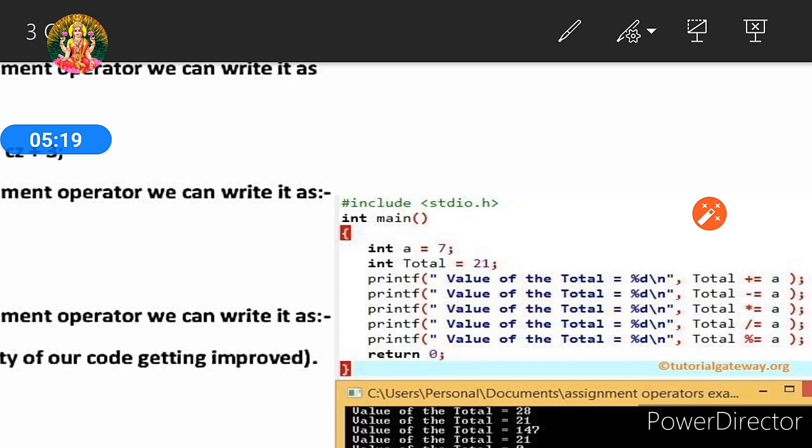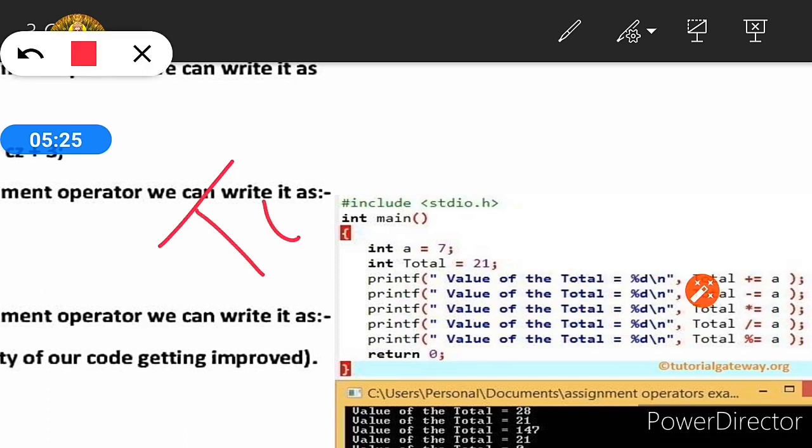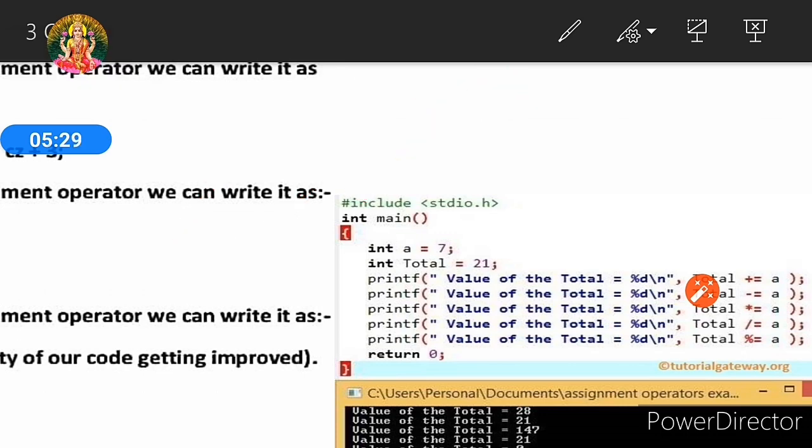That is the meaning of this statement. Now it is clear what the answer will be. If the total is 21 and the value of a is 7, you will get the output 28, which is shown in this black environment.